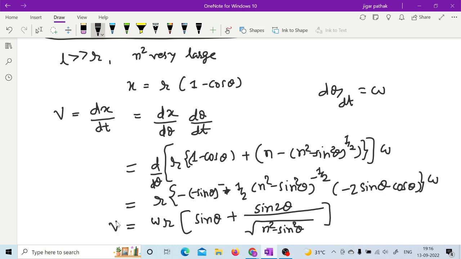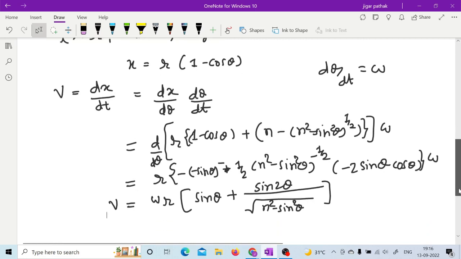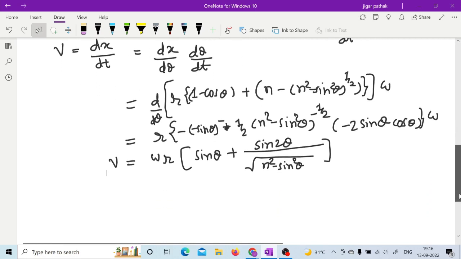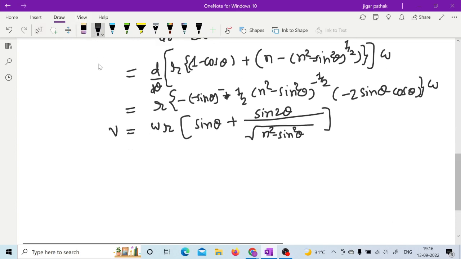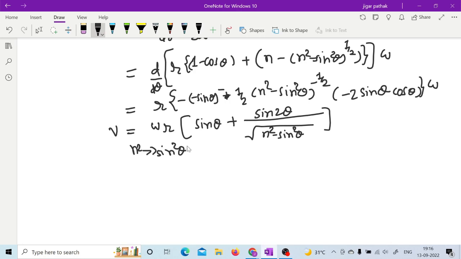Here also, as you simplified the displacement, you can have a simplified velocity when n square is very large in comparison to sine square theta.